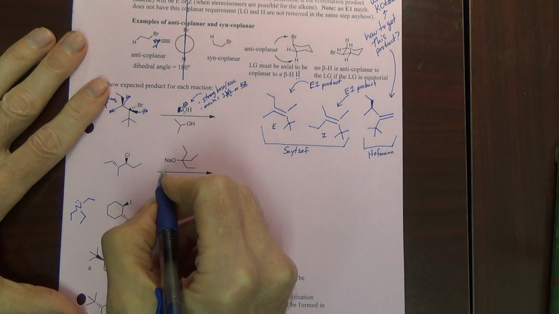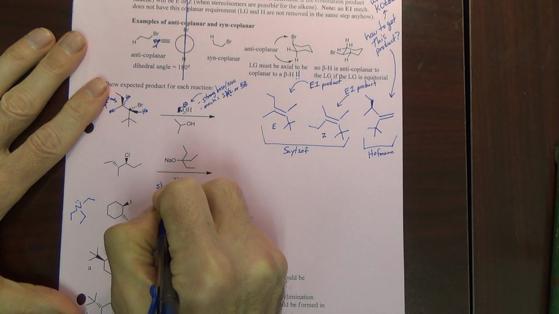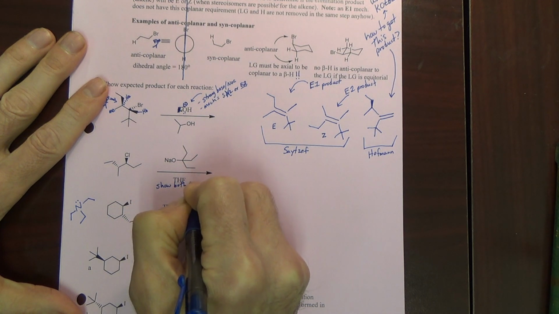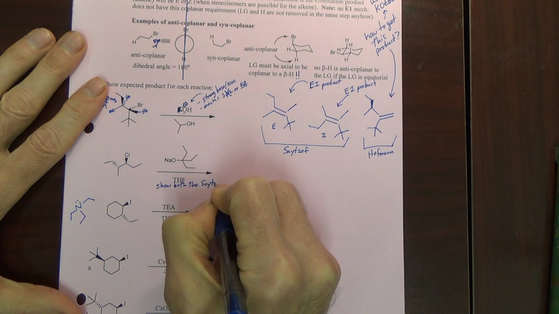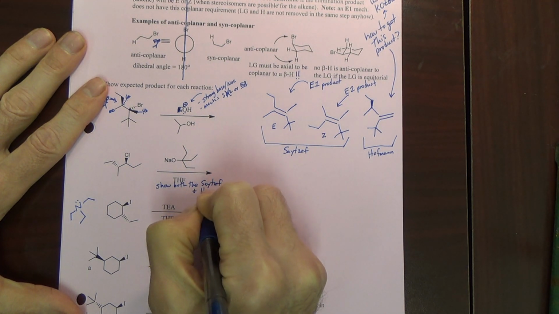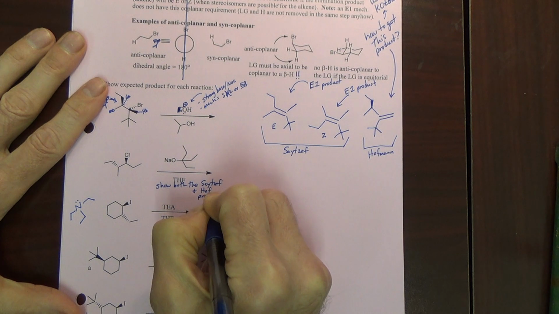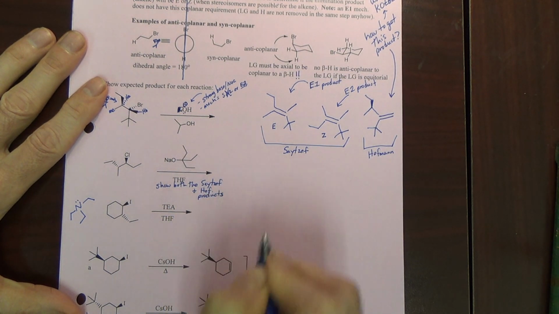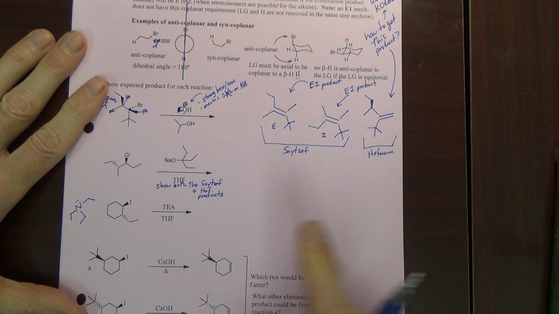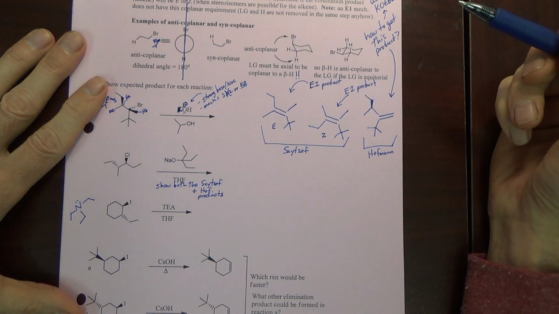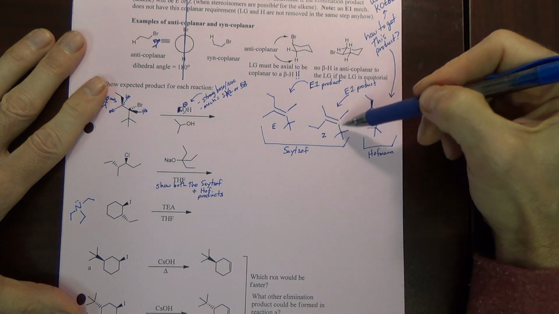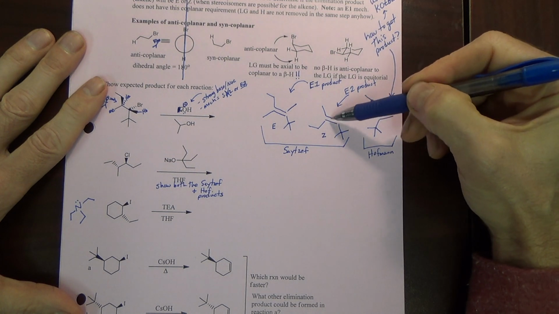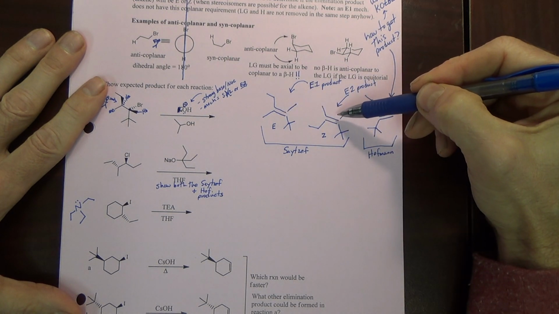For this one, I'm going to say show both the Zaitsev and Hofmann products. Okay. Up here, this is the Zaitsev product, not that one.